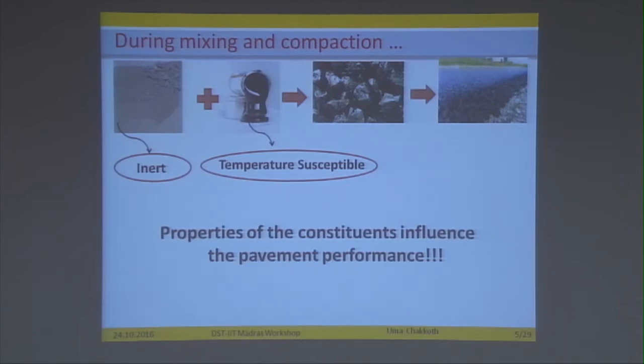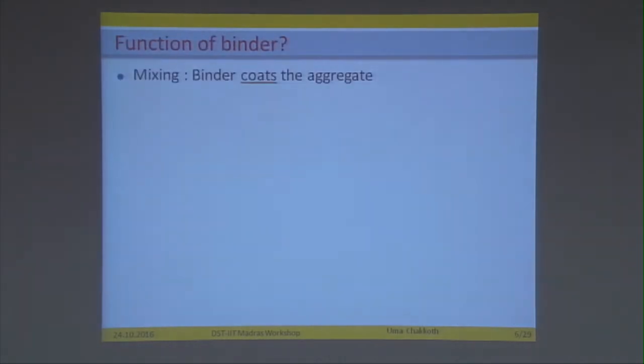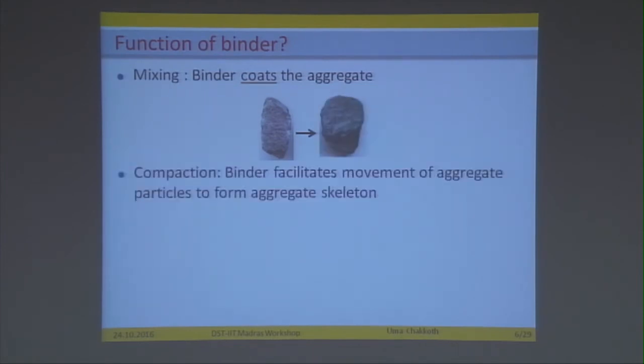What is the property we have to look into, or what essentially is the function of the binder during mixing and compaction? During mixing, we expect the binder to coat the aggregate adequately. We have an aggregate which is heated, which has to be coated with the binder. And during compaction, the binder should facilitate the movement of aggregate particles in order to form an aggregate skeleton.